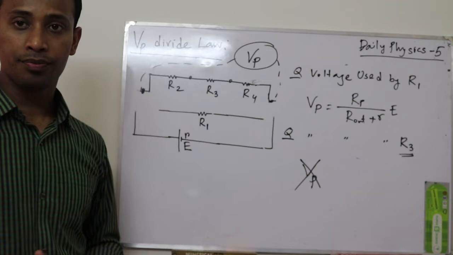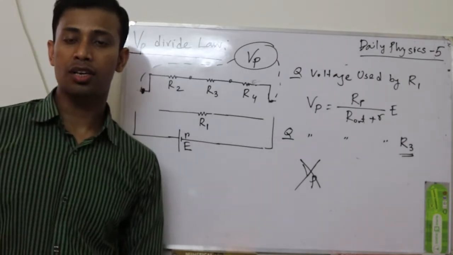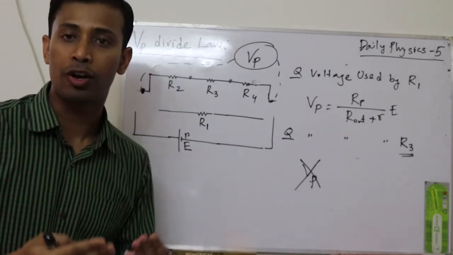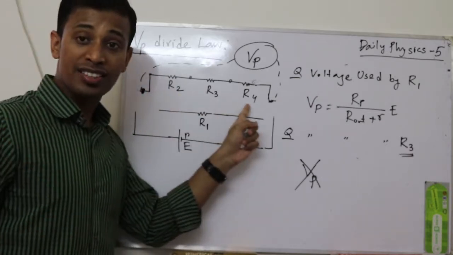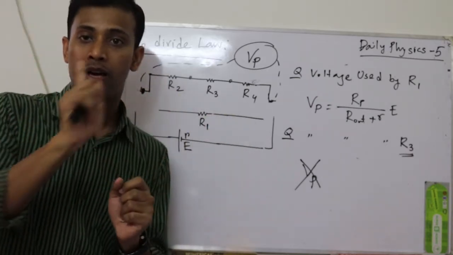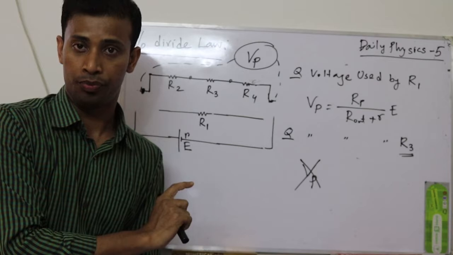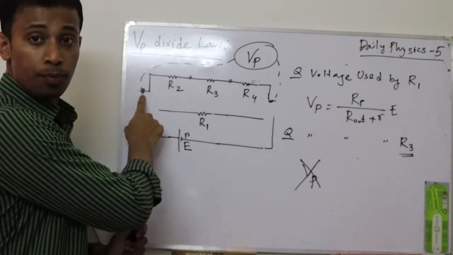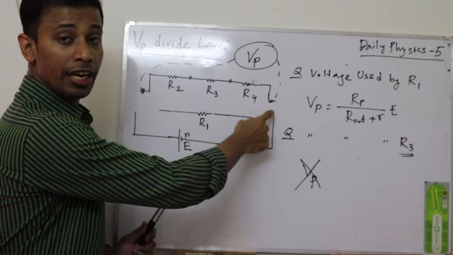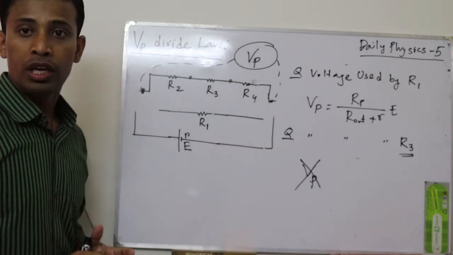In this line there are 3 resistors, R2, R3 and R4. So the equivalent resistance of this line will be R2 plus R3 plus R4, and the voltage between the starting and ending point is Vp.